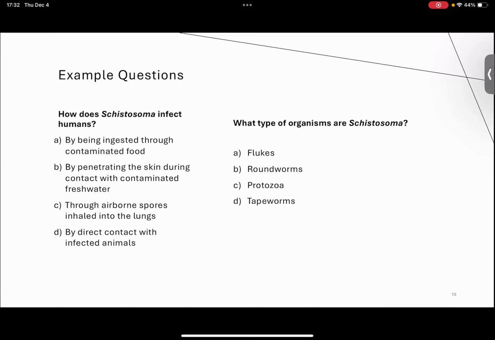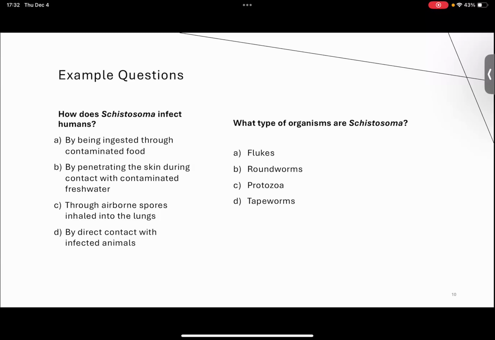I'm not saying none, but none of the ones that we learn about in our class, okay? Do they get transmitted from contact with infected animals? Again, no, that's not typically how schistosomes are transmitted. It's through water, and then they migrate in through your intact skin, causing that swimmer's itch.